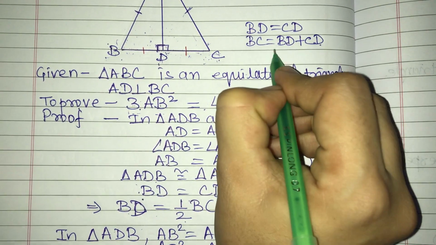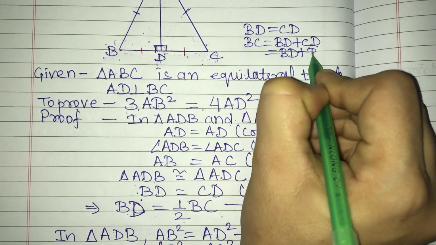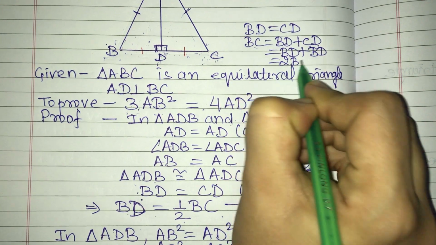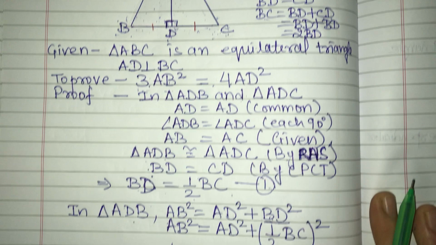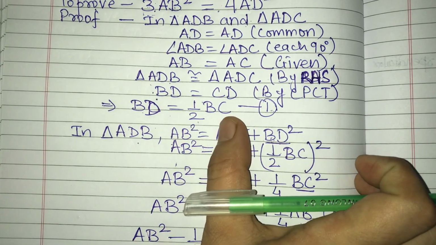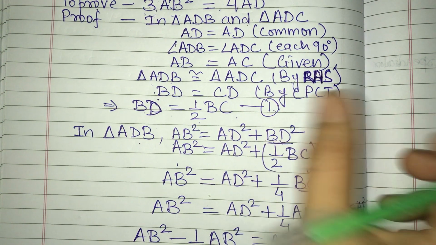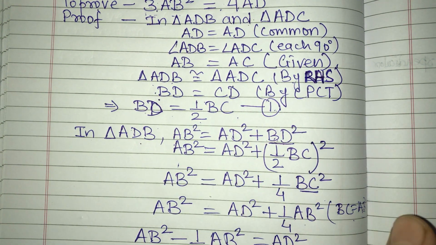So we can replace CD by BD because both are equal. In this way, BC equals twice BD, or you can say BD equals half of BC. I am going to use this equation later for proving whatever I want to prove.